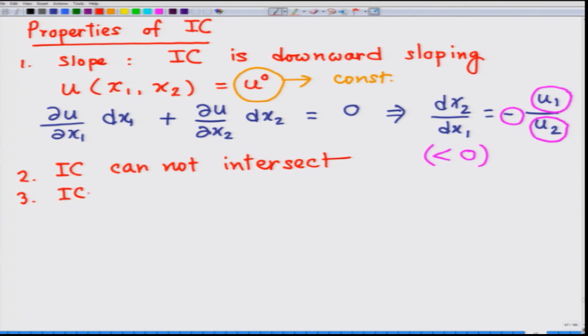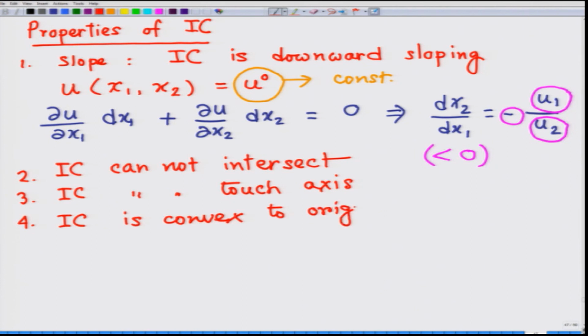An IC cannot touch the axis also, and then the most important property of indifference curve is that in the general case an indifference curve is convex to the origin.